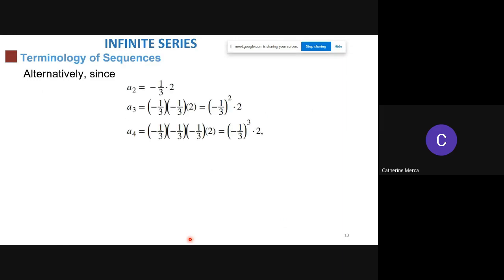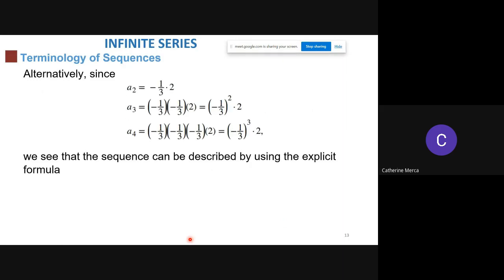So there can be some other ways of doing it. So you can see the sequence already, negative 2/3, tapos ito is positive 2 over 9. This one is negative 2 over 27, no? You have that. So you come up with the following: a sub n equals twice of negative 1/3 to the n minus 1.